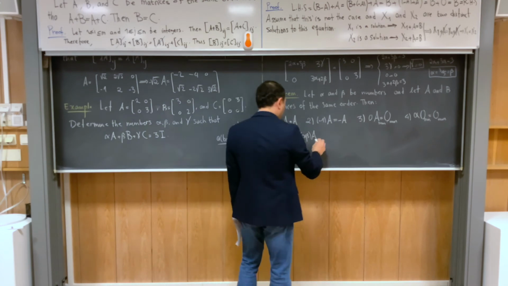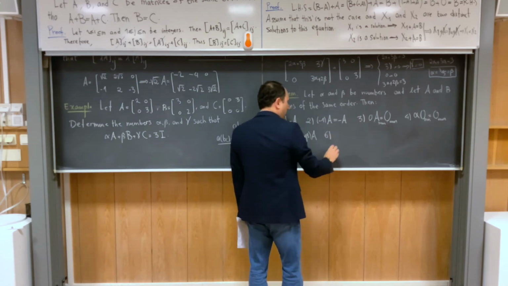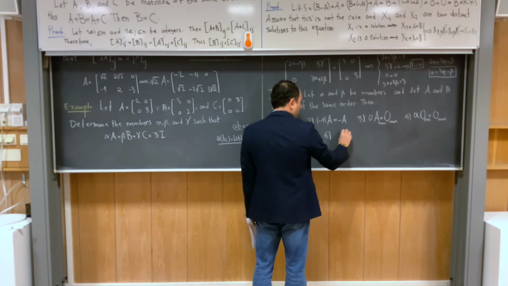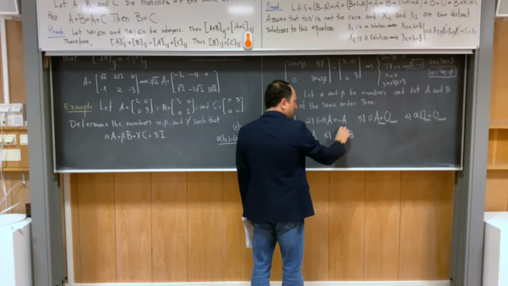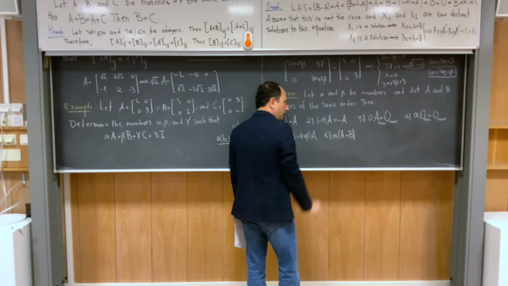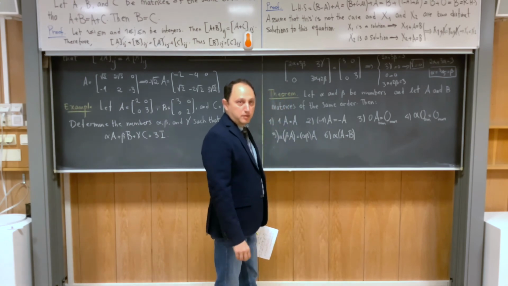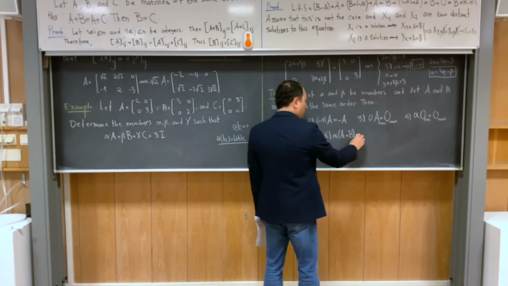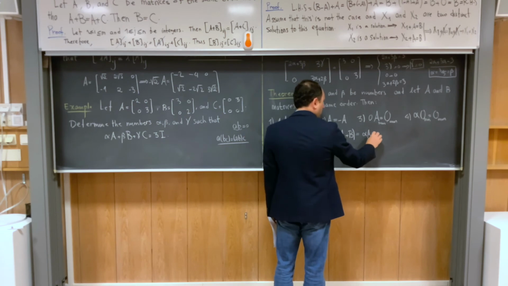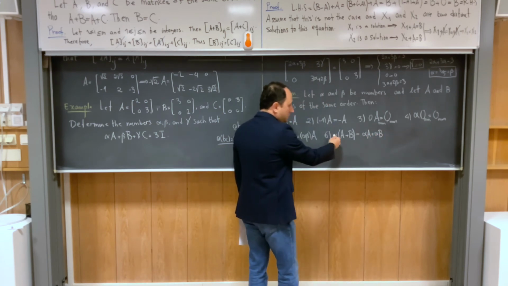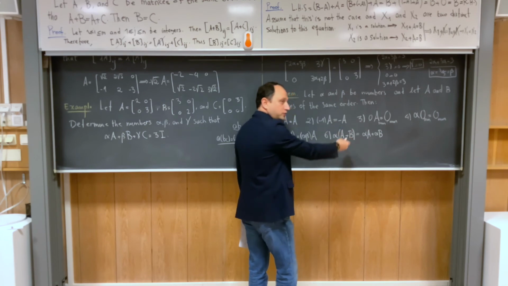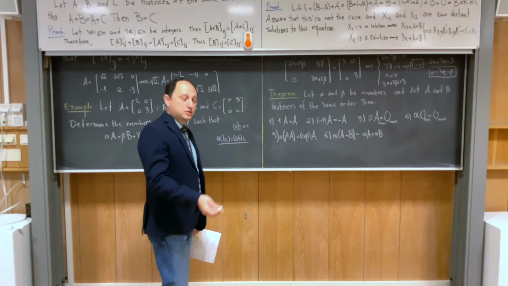So number 6, if I have a matrix A, and another matrix B of the same order, if I add them and I decide to multiply this sum by a number, I can write it as alpha A plus alpha B. So I would say that I am distributing alpha over A plus B, but again, this is not the distributive law.